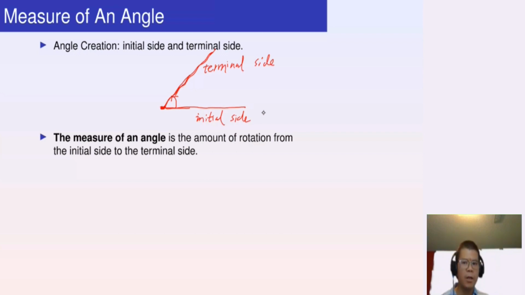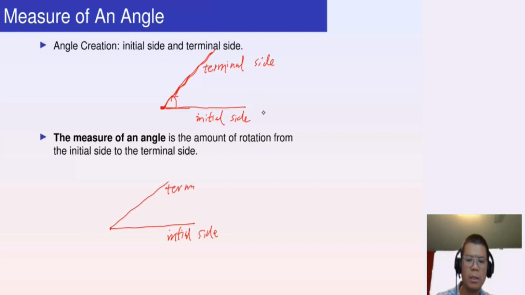Now, the measure of the angle is the amount of rotation from the initial side to the terminal side. That is the measure of the angle. So to measure the angle, you need to determine the initial side and the terminal side, and then the amount of rotation needed from the initial side to the terminal side.